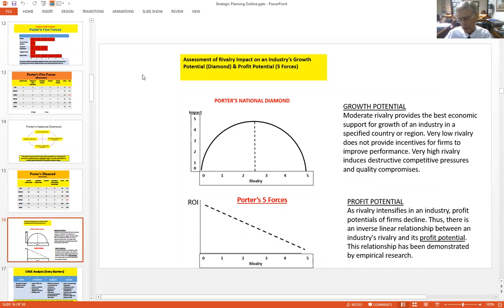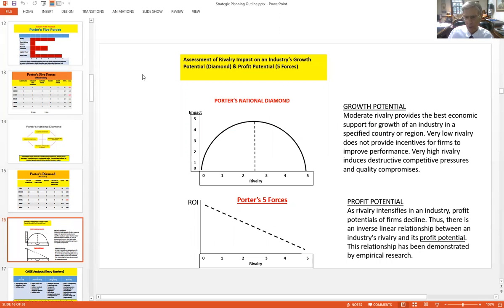And with my students over the years, we have taken a look at various industries and public disclosures and industry studies, and they really work well. As the rivalry goes up, yep, profit goes down and return on investment goes down. That's a real chart, and I know so because I've seen it in real life over and over again.